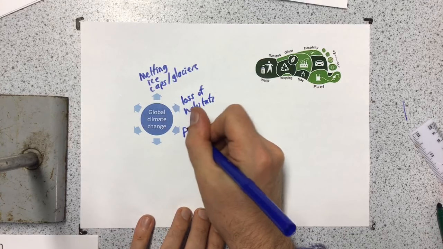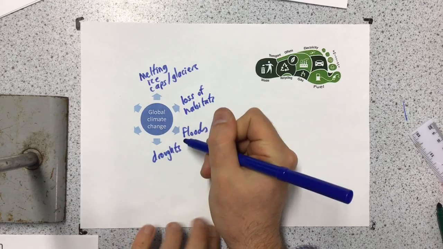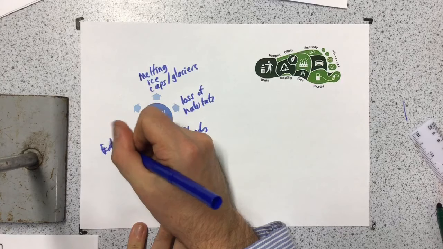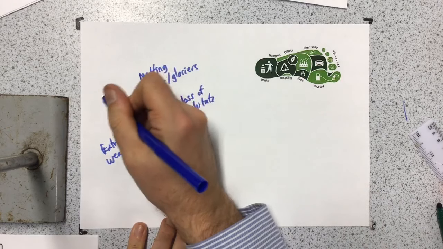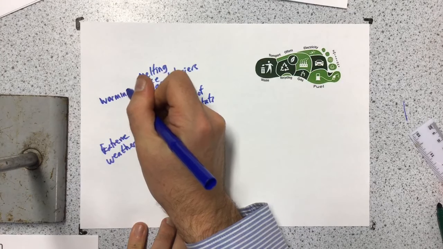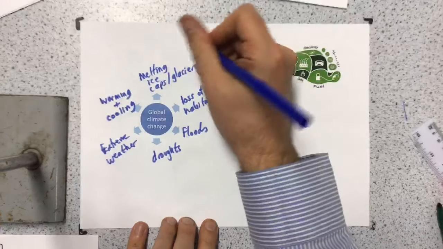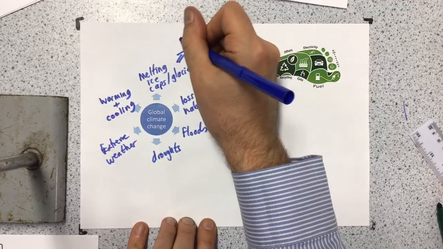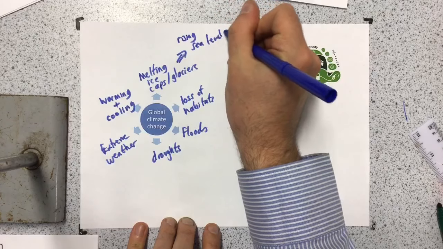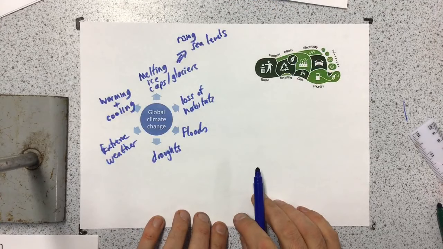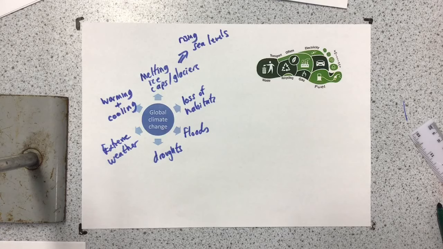We have floods. We have droughts. We have more extreme weather. And yes, we have warming, and in some places in the world, cooling. Don't forget the melting of these ice caps and glaciers leads to rising sea levels. So all of these are consequences of man's effect on the environment. Okay, so it's not just global warming.